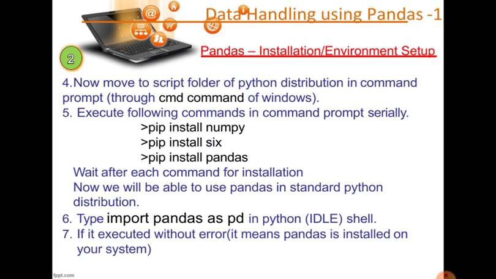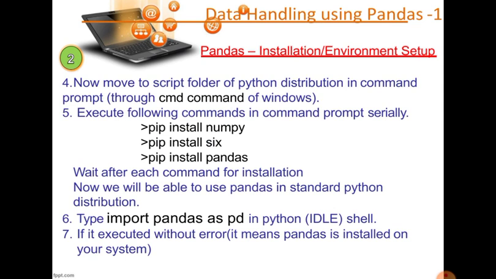Data handling using Pandas. Pandas installation or environment setup. Fourth, now move to the Scripts folder of the Python distribution in the command prompt through the cmd command of Windows. Execute the following commands in the command prompt serially: pip install numpy, pip install six, pip install pandas.